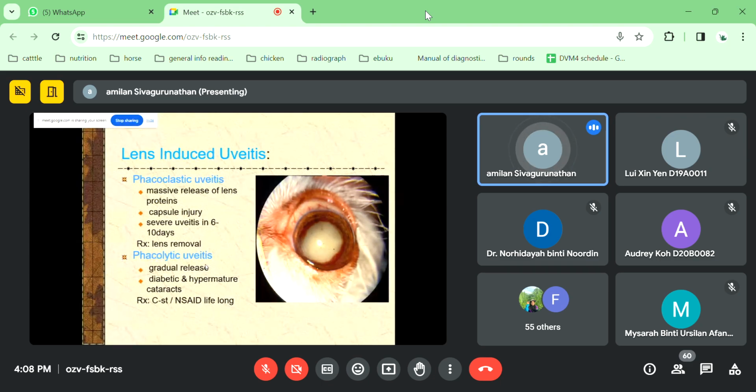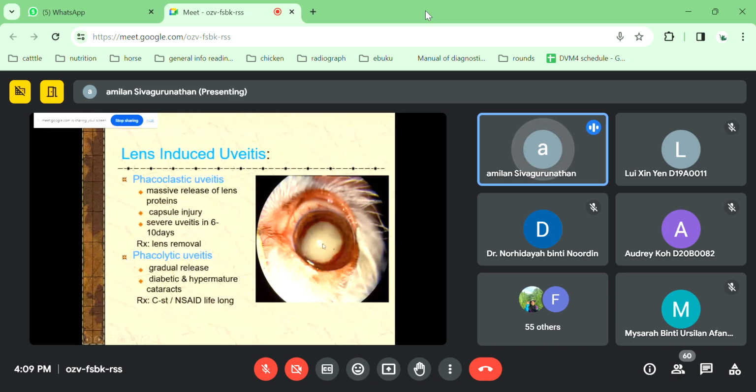It triggers an inflammatory cascade with your cyclooxygenase and the lipoxygenase pathway. And these uveitis can happen very quickly in a short period of time, and surgery becomes warranted. Sometimes emergency surgery, but in many cases, when it's left too long, it may have to be enucleation if the glaucoma sets in.